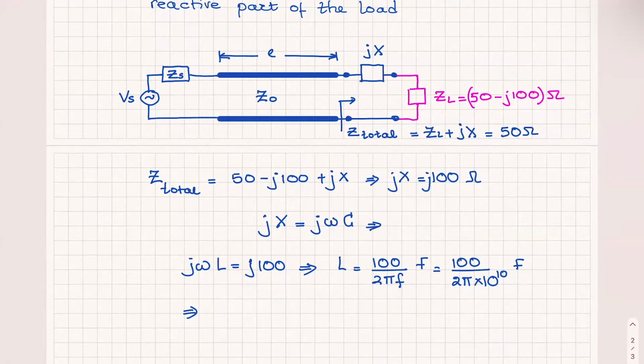I would give a capacitor if it were negative. Somehow I was thinking negative. So L in that case would be, I think, 15 times 10 to the minus 10, and it should be in henries.